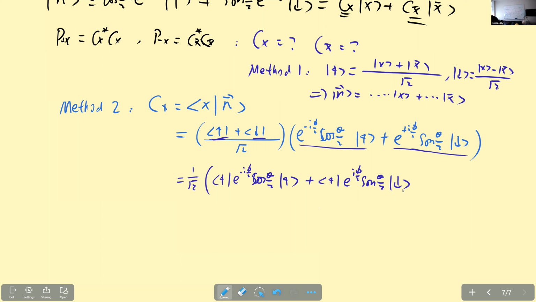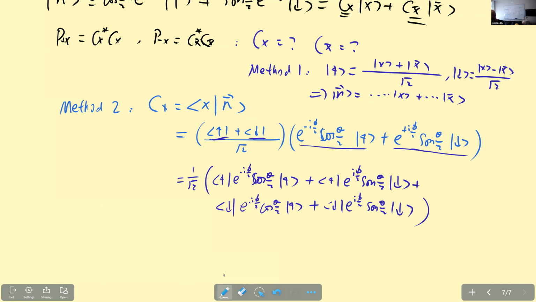And there will be another term, the spin down state, and then plus, of course, spin down e to minus i phi over 2, cosine theta over 2, spin up, and plus spin down e to i phi over 2, sine theta over 2, spin down. Okay, so that's the result, right?